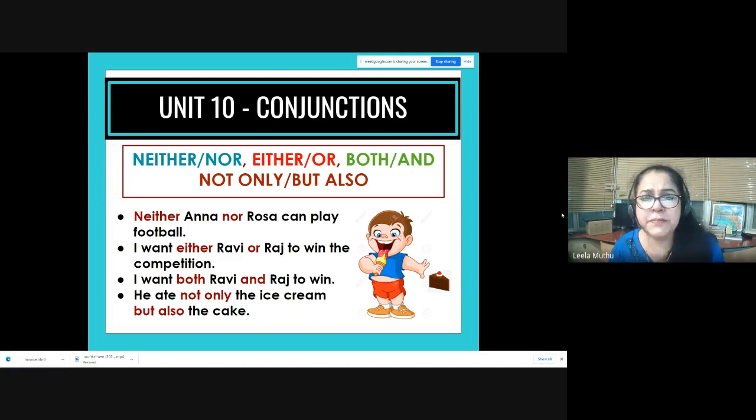So you're really upset about it, and you go and tell your sister, your brother. Can you believe it? He ate not only the ice cream, but also the cake. So here's an example of a conjunction which is used in pairs. Not only, but also, both and, either or, neither nor.